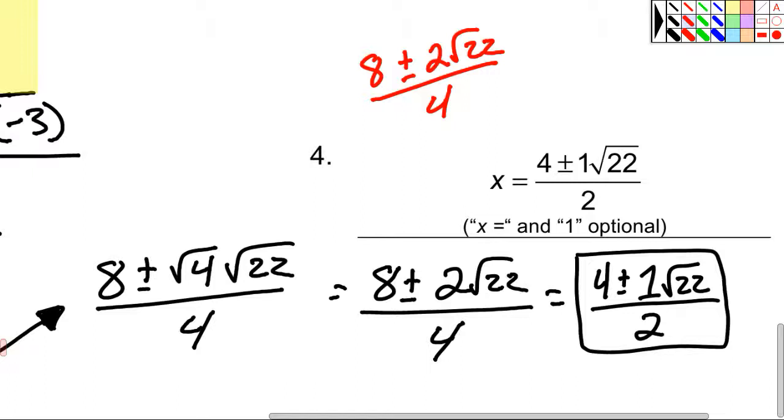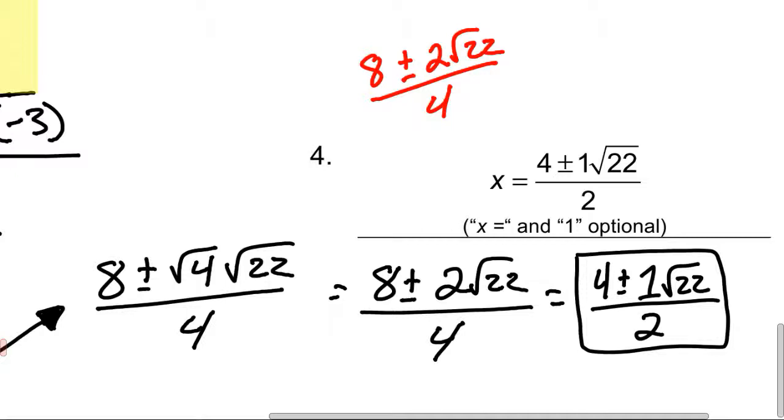Whenever you have multiple terms on top, all divided by a single term, basically this 8 is getting divided by the 4, and this term right here is also getting divided by a 4. So what you need to do in this case is look at these three terms: an 8, a 2, and a 4.